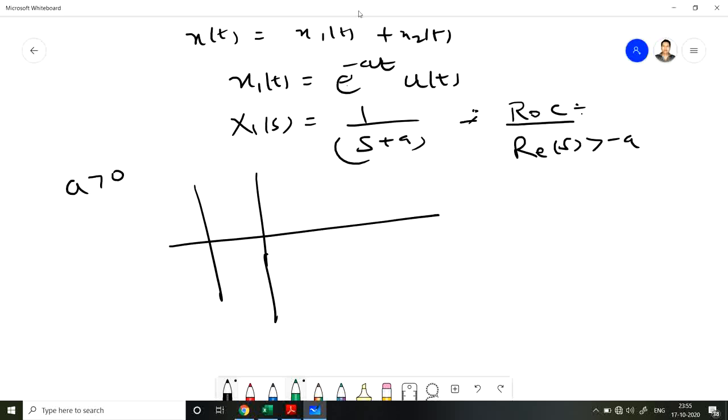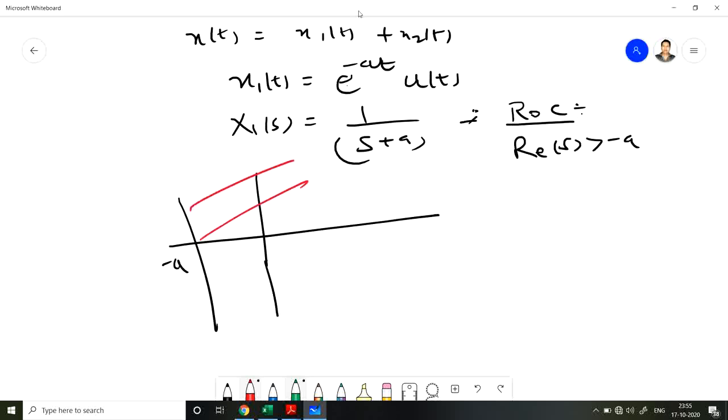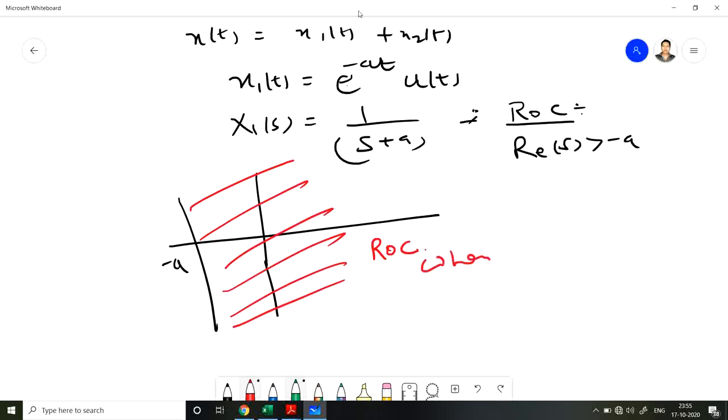A greater than 0 means we are considering some positive value of a. Suppose we are considering 2, then minus 2 is here. So in general this is minus a. Real part of s greater than minus a means this is the ROC when a is greater than 0.